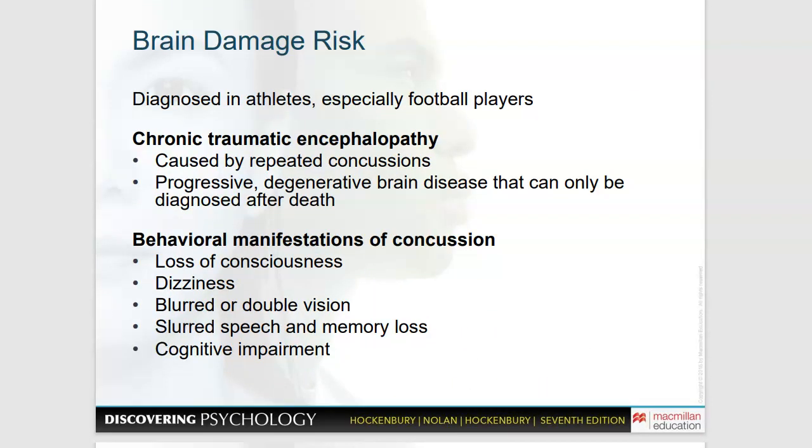All right, as we continue, we're talking about brain damage risk. Really the area that I'm going to focus on, or want you all to focus on, is going to be plasticity, and also the tools of the trade as it relates to detecting any type of brain injury or damage.